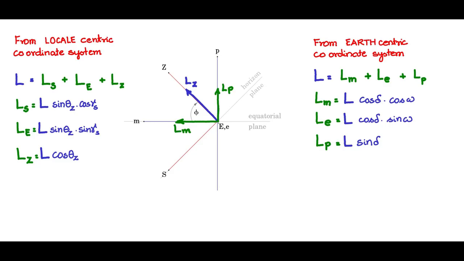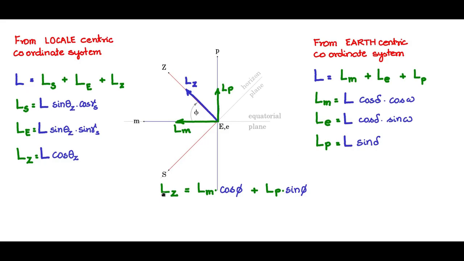So LM and LP earth centric coordinate system vectors can form and give LZ the zenith axis vector, which is what we want. So let us say LZ is equal to LM cos phi, phi being the latitude angle here, and also LP sin phi. So the vectorial sum of LM cos phi and LP sin phi will result in LZ.